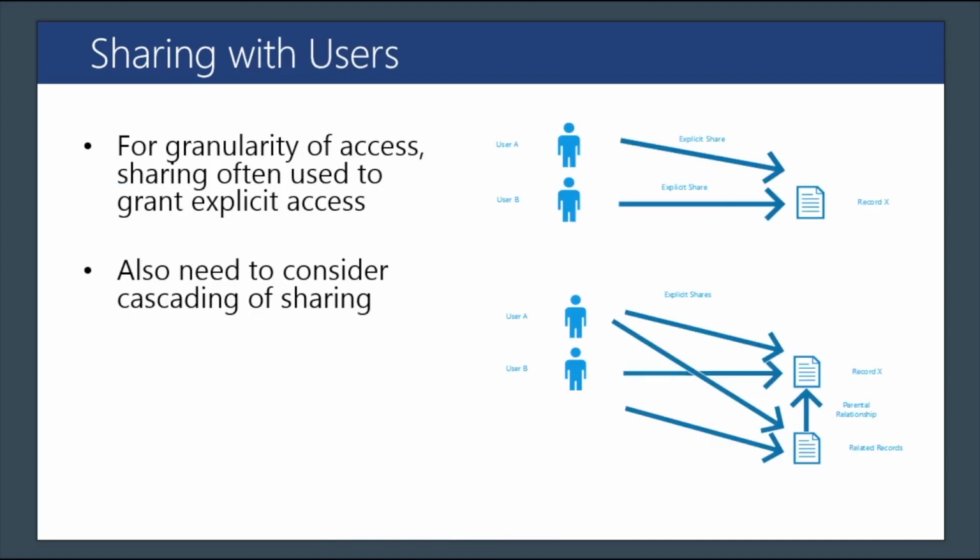So sharing's often used to grant explicit access to records. It should be used as an exception-based model. Sharing should not be your primary method of granting access to records in Dynamics.